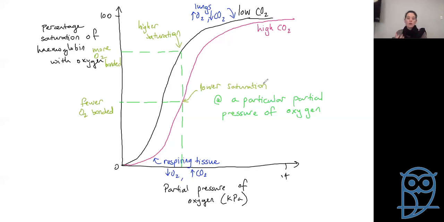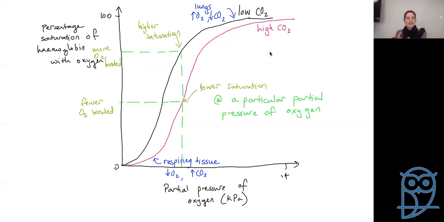So if we are comparing saturation in different areas of the body or in different organisms, we might need to take it a little step further, because sometimes we relate this to affinity. If you have higher or lower affinity for oxygen, it means that your hemoglobin is more attracted to oxygen or less attracted to oxygen.